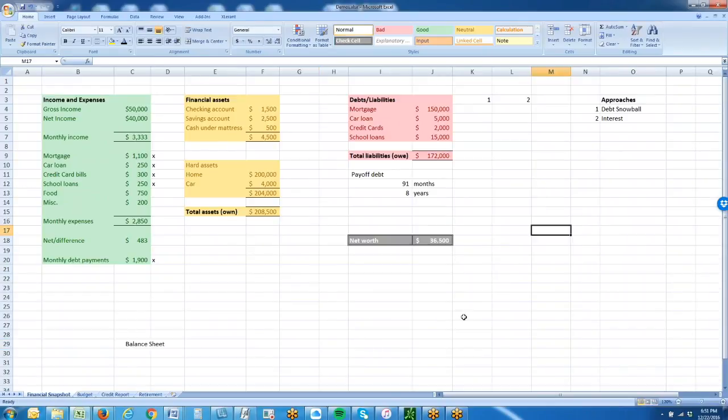And we started it in our earlier video with looking at some tips because we looked at total debts and liabilities. These are all the things that you owe. So we have mortgages, car loan, credit cards, and school loans. And so if we wanted to pay off all our debt, we'd need $172,000. And we looked at the difference here of what we did in a quick snapshot, and we found out our extra, the money that we weren't spending.